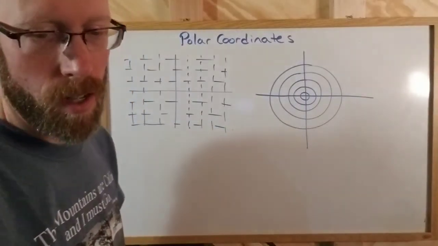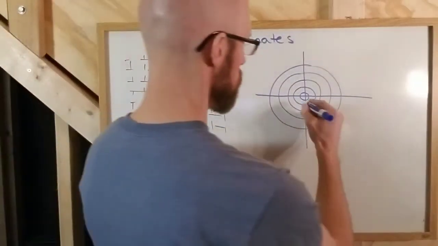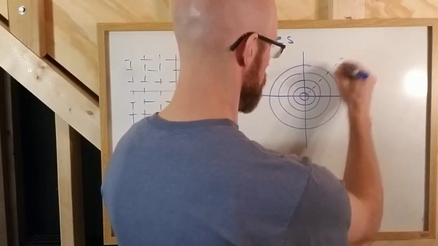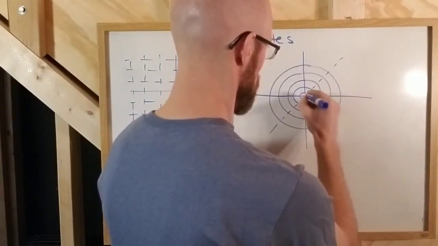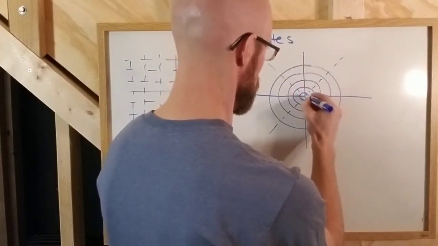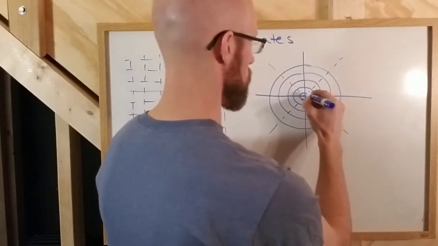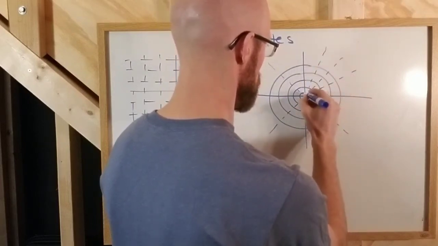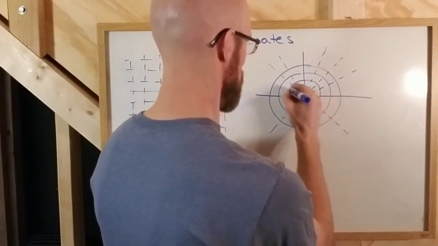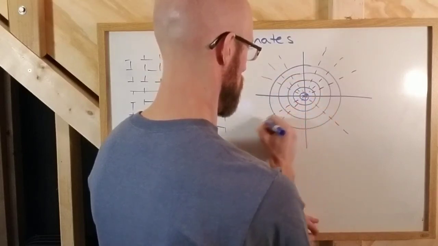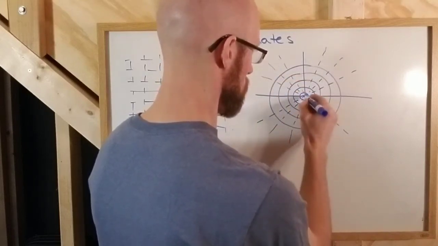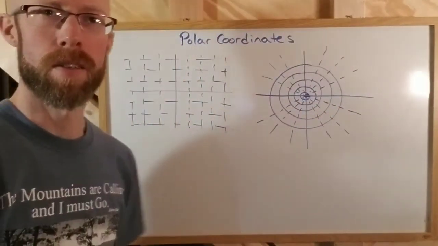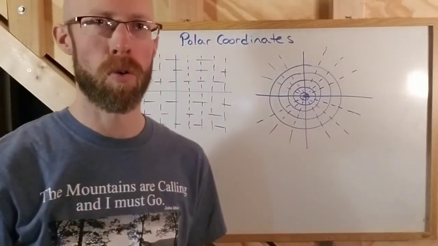And so then you can have fixed angles going out. You could have like your 45-degree angle in all directions. And then you could have maybe your 30-degree angles and your 60-degree angles. It's going to look a little bit like your unit circle, but with more circles. Okay, so there, it's going to look something like that. So there's our polar grid.